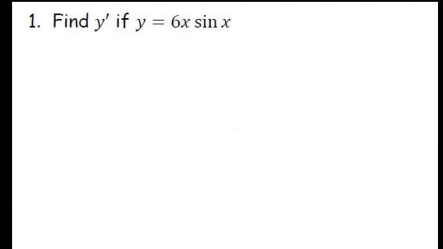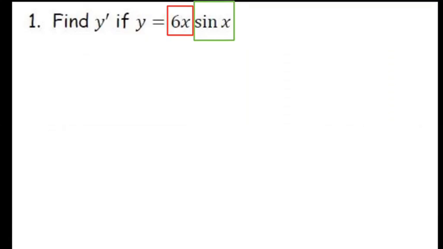As you notice, I hope you notice that I have my two functions. My first function is 6x. My second function is sine x. And so I want to think about what is the derivative of the first, and I'm going to multiply by the second, and then add to that the first times the derivative of the second. So here we go.